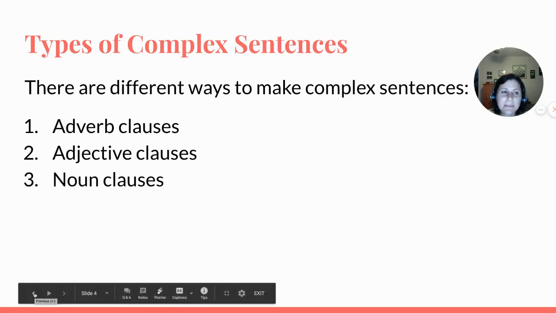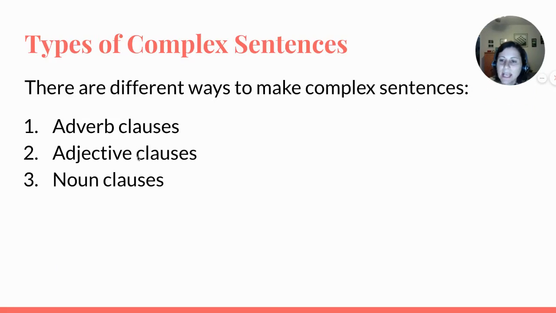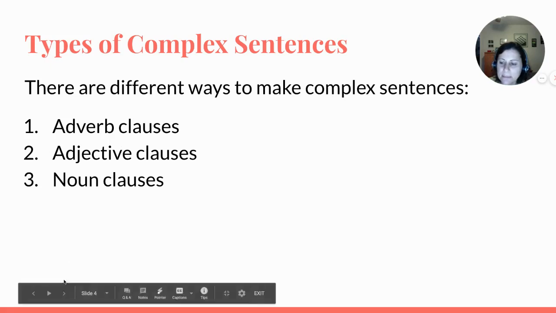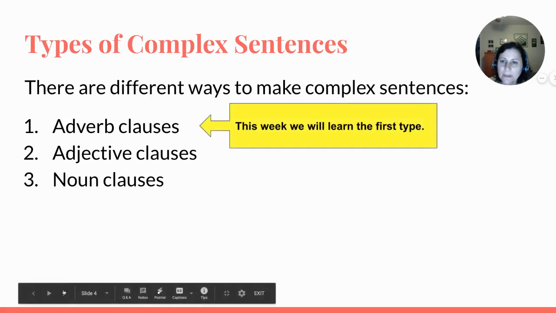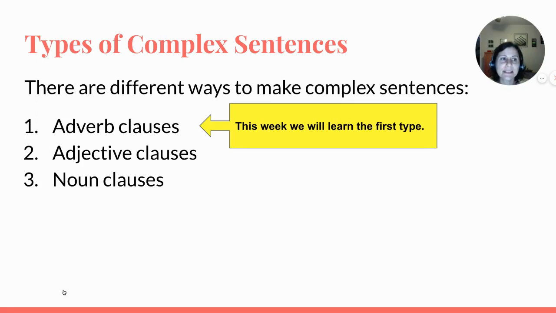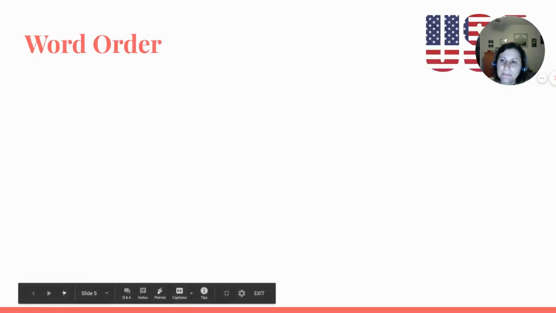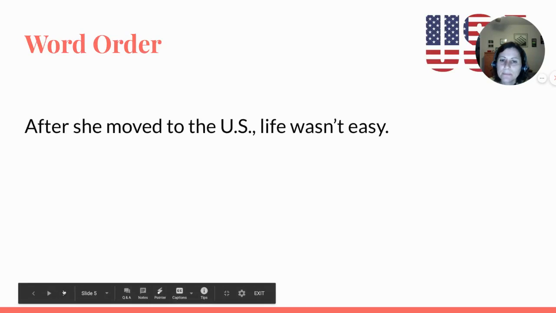There are different types of complex sentences. There are adverb clauses, adjective clauses, and noun clauses. This week we're going to be focusing on the first type, which are adverb clauses. And those are the examples I showed you previously with when. Let's talk a little bit about word order.